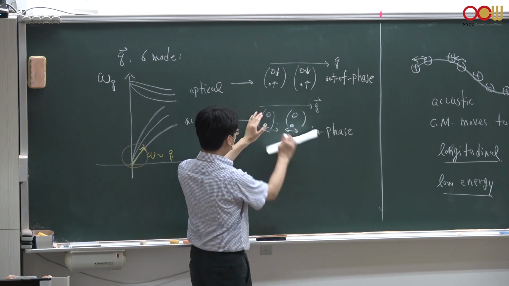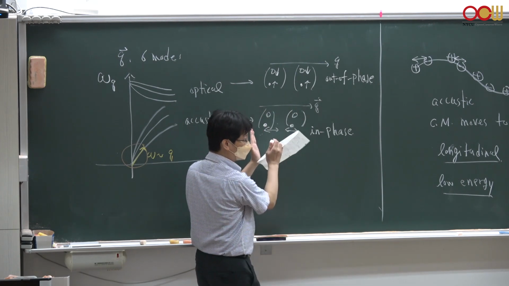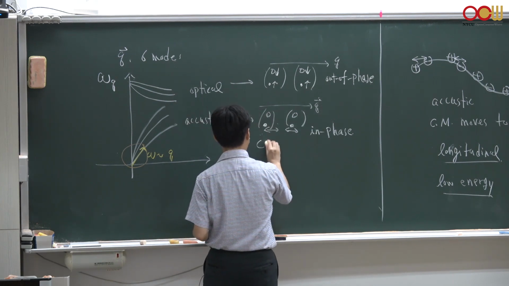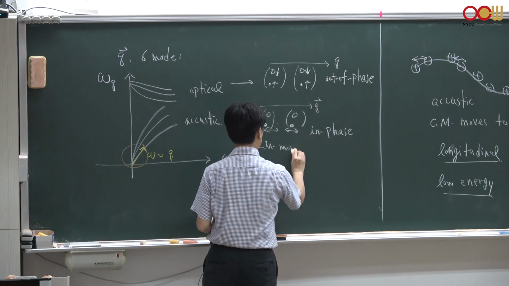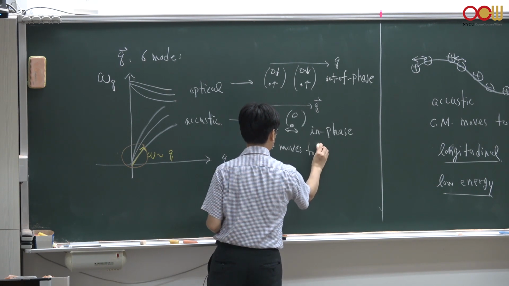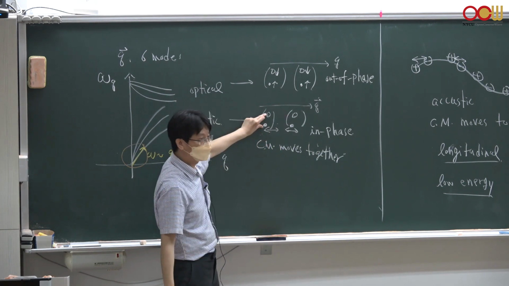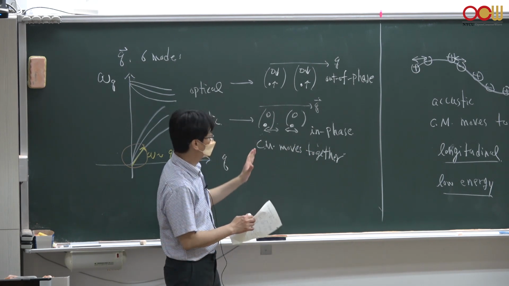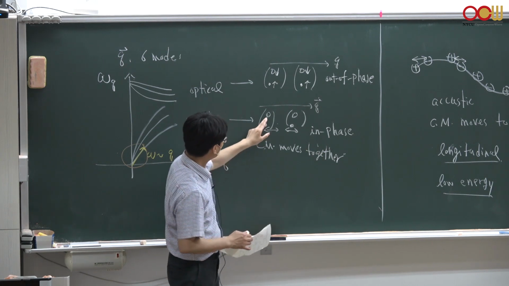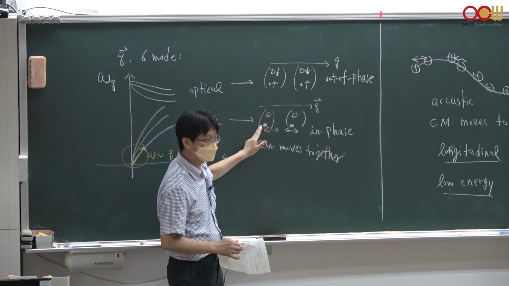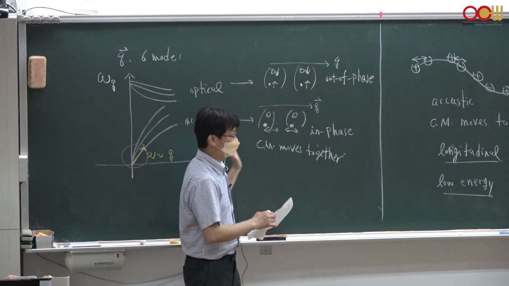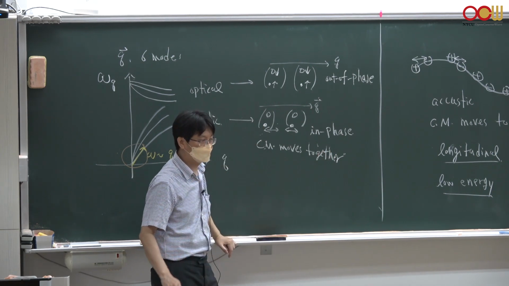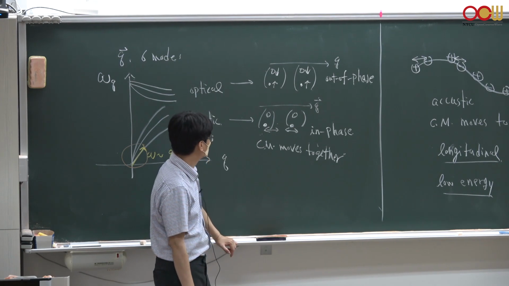The open and solid circles move horizontally back and forth together. So the center of mass moves together, and therefore their relative phase is 0. So it's an in-phase vibration. The vibration for open and solid circles is the same. They move together. There's no phase difference between these 2 oscillations for open and closed circles.